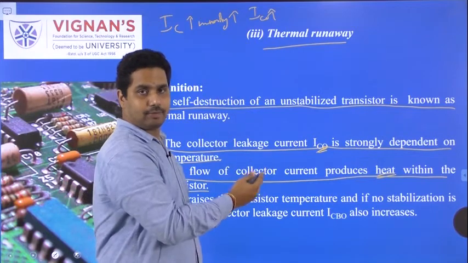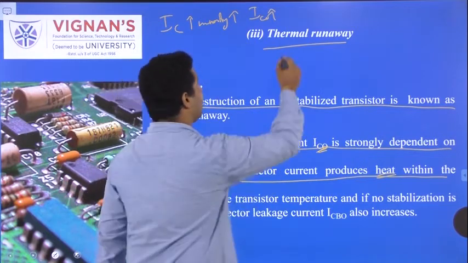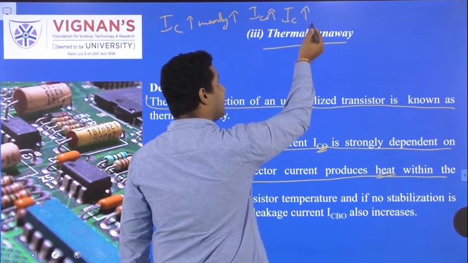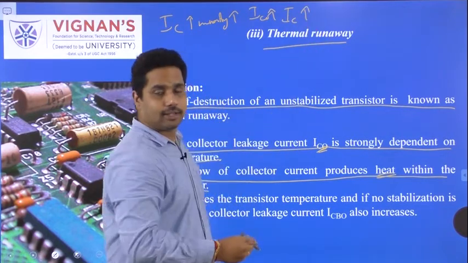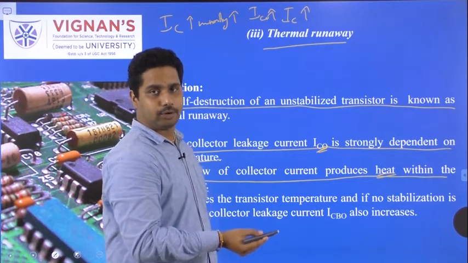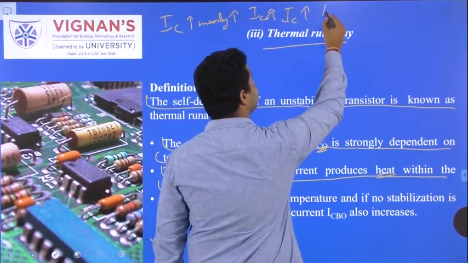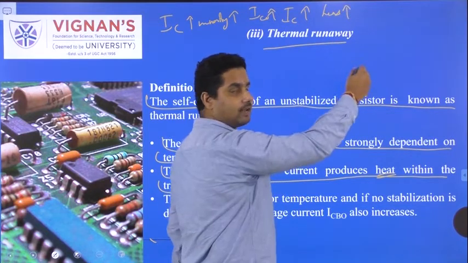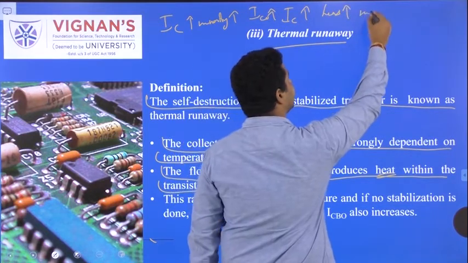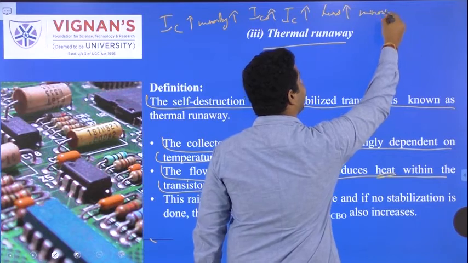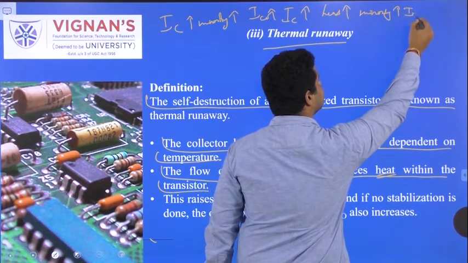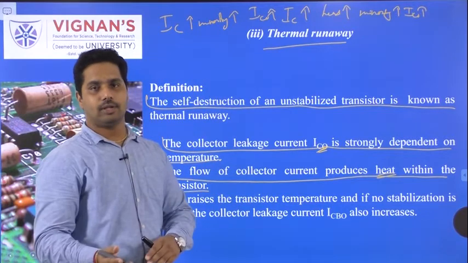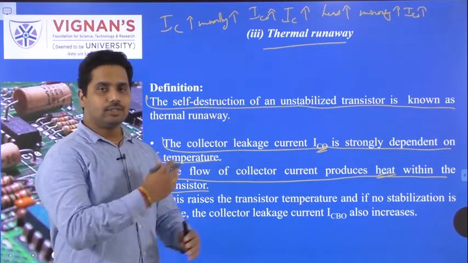We have seen the relation previously: if leakage current is more, obviously your IC is also increased. If IC is increased further, heat dissipation will increase further, more minority charge carriers will be generated, again increasing the leakage current, and the increment of leakage current leads to an increment of collector current. It is going as a cycle.